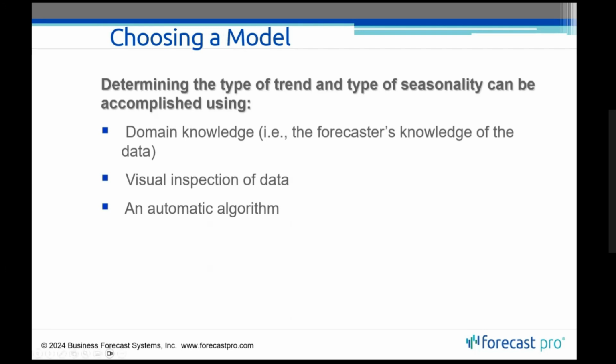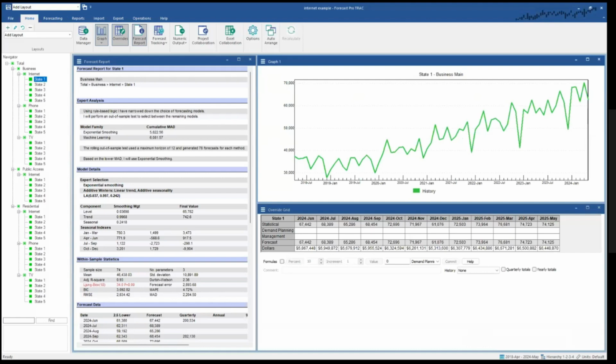So let's look back at that data we saw before and think about that. So here's the data. I have it in Forecast Pro now. And as I look at the data, so now we're talking about visual inspection. It's pretty clear when we have enough data that it's trended. So I'd be able to eliminate all the non-trended models from consideration.